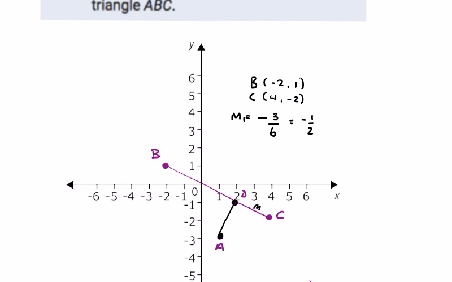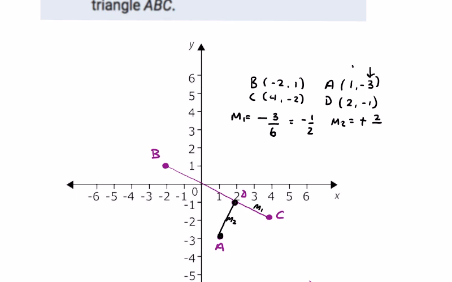M2, so we call this one M1, M2 of AD. We can see is a positive slope. A is (1, -3). And D is (2, -1). So M2 is equal to positive slope. The change in Y from -1 to -3 is 2.